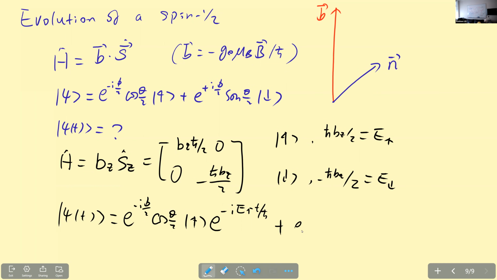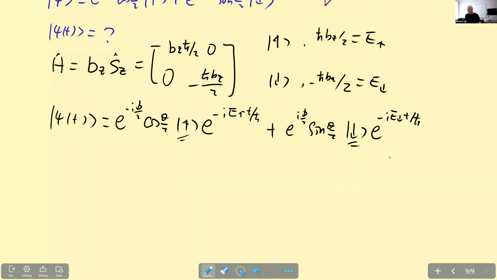And then plus e to the i phi over 2 sine theta over 2 and spin down. And because of the evolution, you get another phase factor, that's minus E spin down t over h bar, because this is just an eigenstate of the Hamiltonian, right?